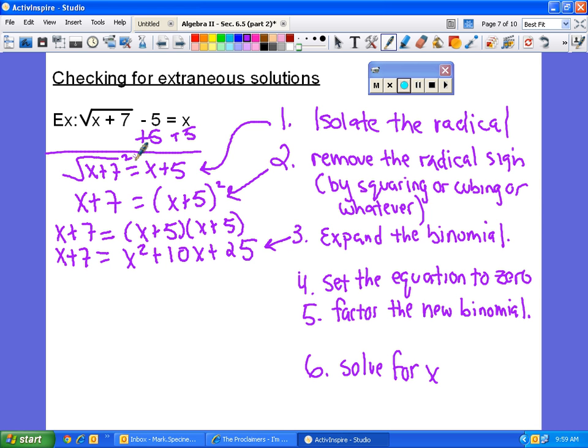But the square root... Well, when you square the square root of x plus 7, you end up with just x plus 7. But it's already square rooted, so why did you put the 2? Because you're squaring it.